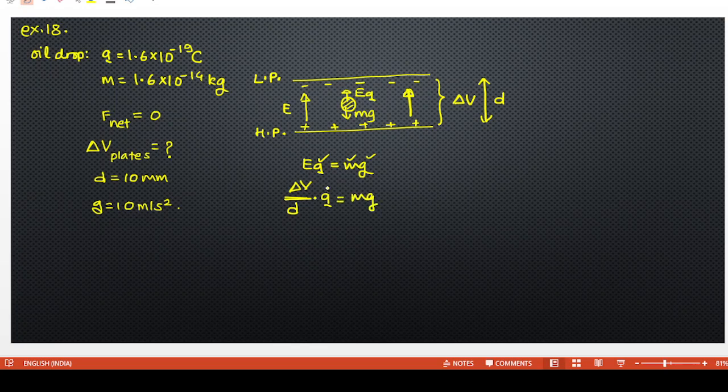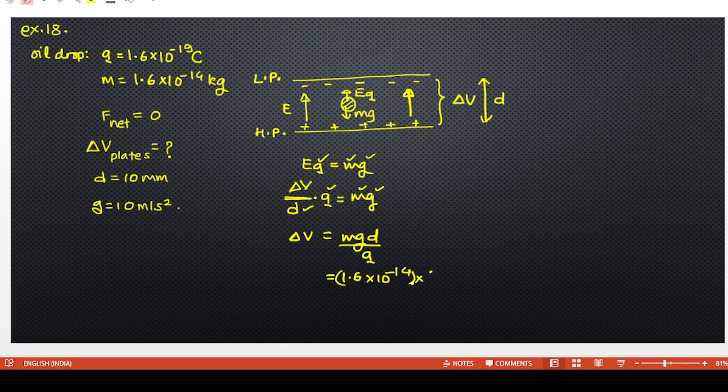what? mg. Now clearly you know all these things, and now you can figure out the potential difference between the plates. Write down. So it is mgd upon q. Mass is equal to 1.6 into 10 raised to minus 14 kilogram.